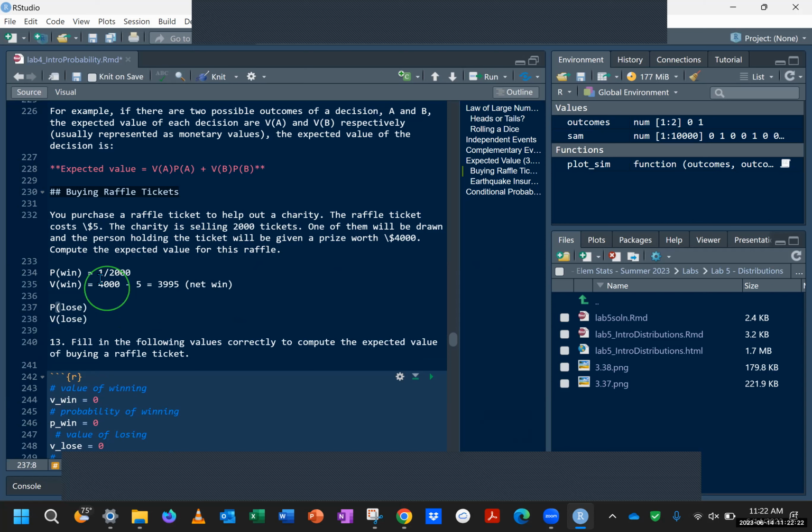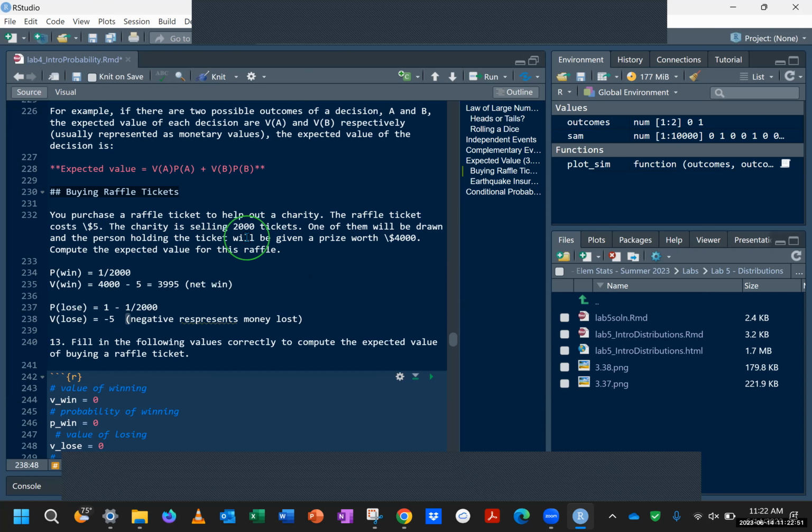The probability of losing is the complement of the probability of winning, so I could just say 1 minus that, using our rule of complements. And the value of losing, we lose $5, so we say -5, because negative represents money lost.